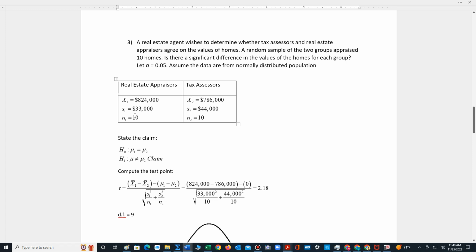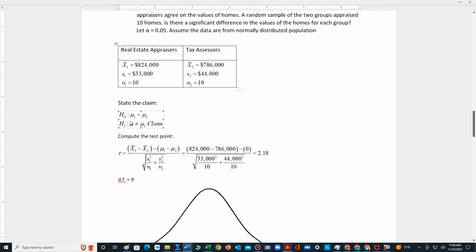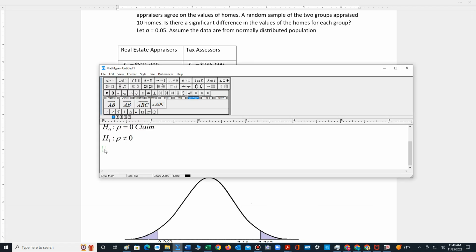If we look at the information here, we can see that we are now given sample standard deviations. Thus, we have to apply a t-test. So the claim, and let me correct the claim here, is that the two population means are different.